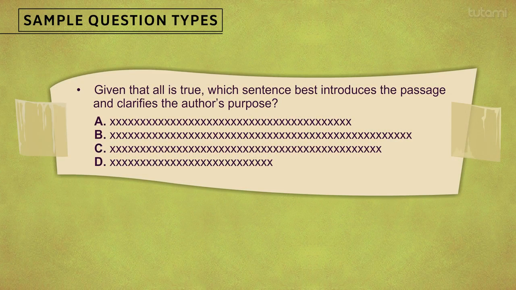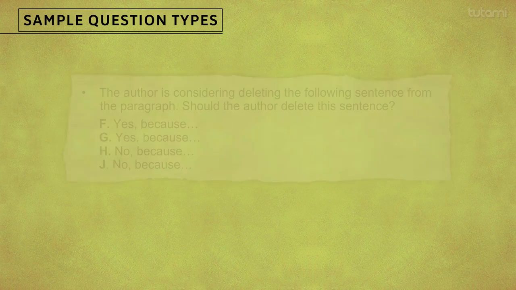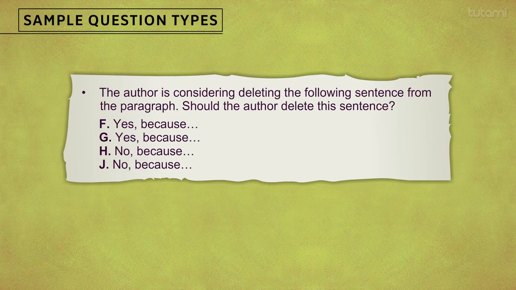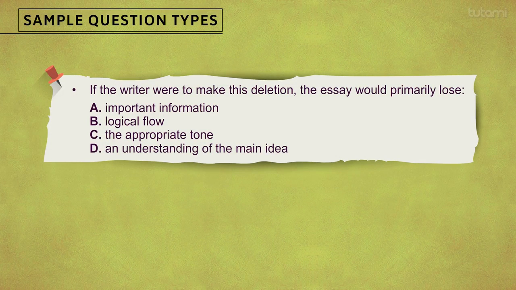Given that all is true, which sentence best introduces the passage and clarifies the author's purpose? The author is considering deleting the following sentence from the paragraph. Should the author delete the sentence? Yes, no, because, for whatever reason. And if the author were to make this deletion, the essay would primarily lose.